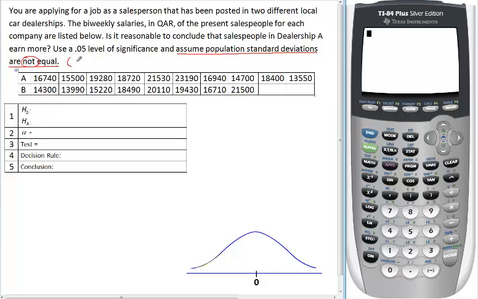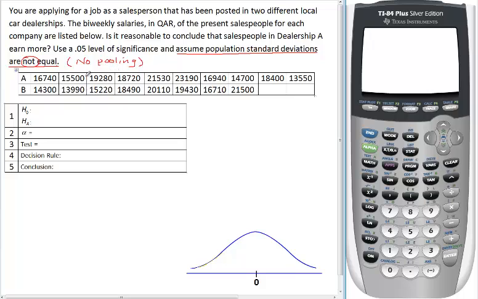So there's no pooling here, and that's important for degrees of freedom and for the statistic we use. We cannot pool them together to get one statistic. We use separate statistics in our calculation, and I'll explain that a little more as we go.